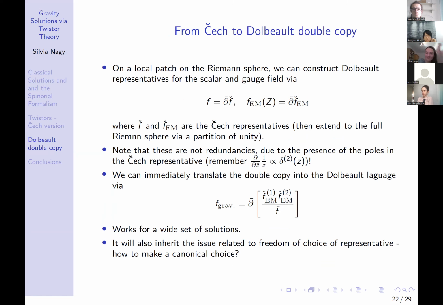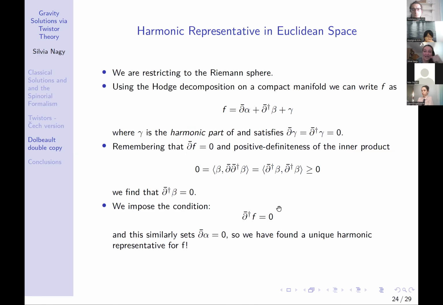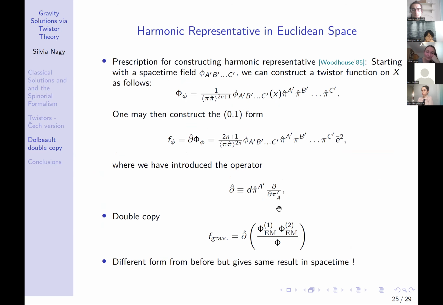However, when I think about what they give me on the space-time, it turns out that they basically both correspond to the same double copy in terms of the physical fields in space-time. So we found that quite curious. We don't fully understand yet the connection between the two, but we thought it was quite interesting that we found two different versions. It could be that there is some sort of Twistor gauge freedom connecting them, but it's not immediately obvious why they should both work very nicely.